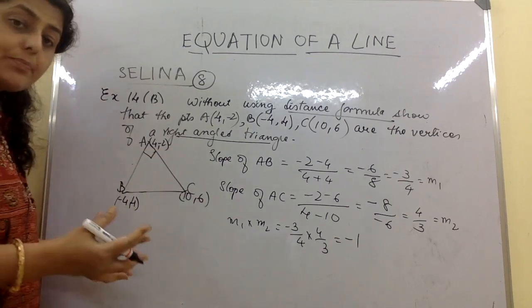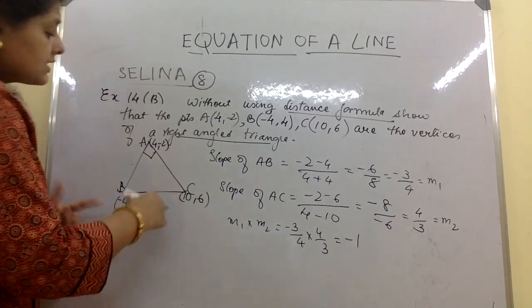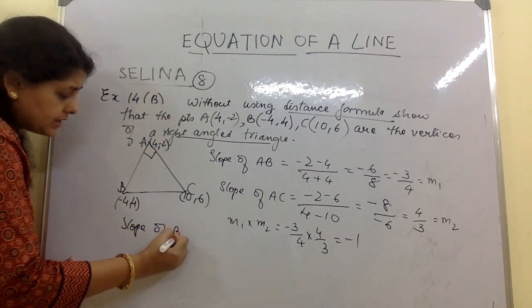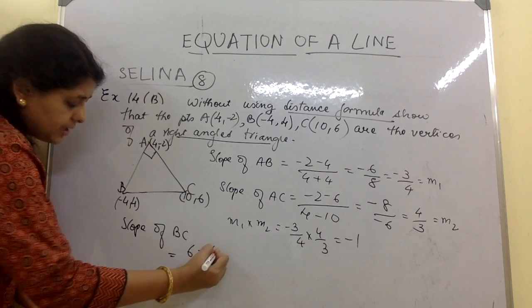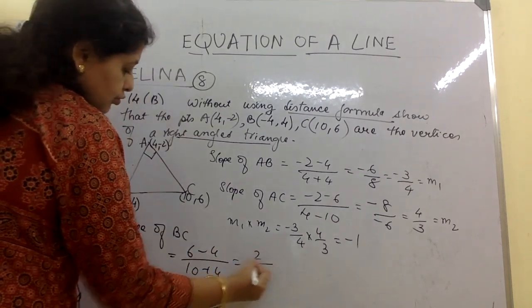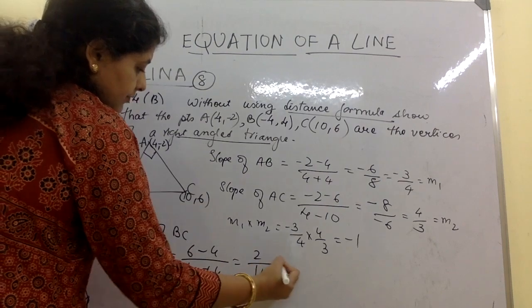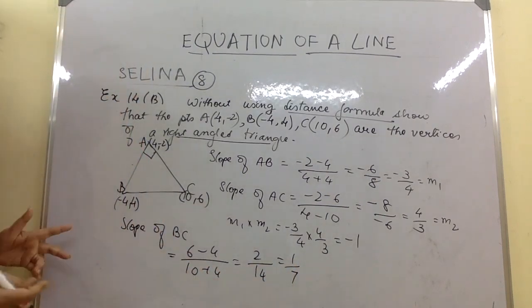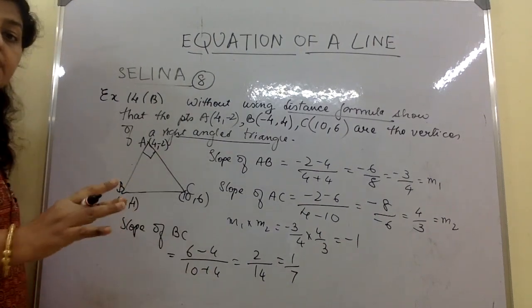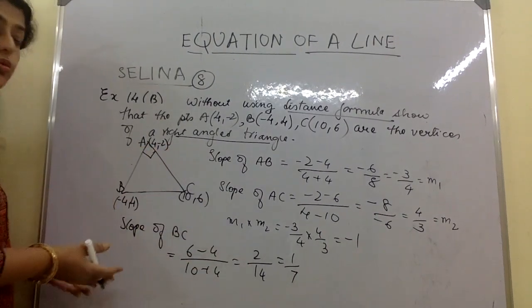Now what would have happened if, supposing I find this, let me find slope of BC also. Slope of BC is 6 minus 4 and 10 plus 4, which is 2 by 14, which is 1 by 7. Okay. So BC is definitely not perpendicular to any one of the lines. What if I would have found BC first?